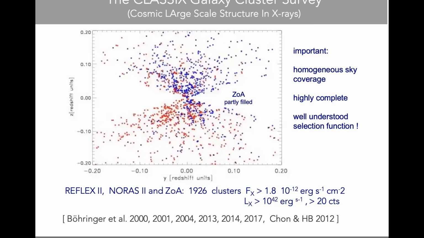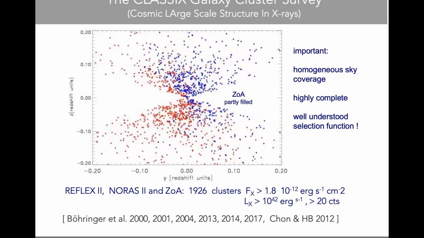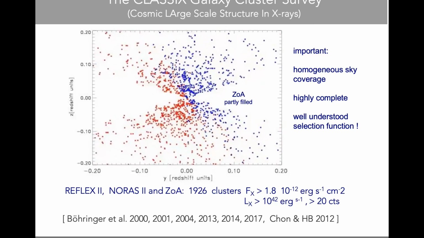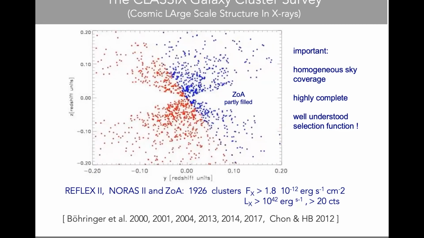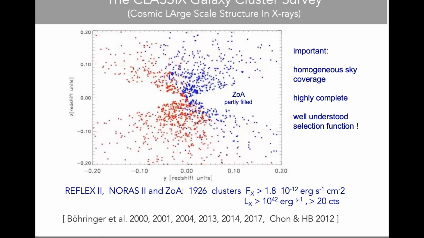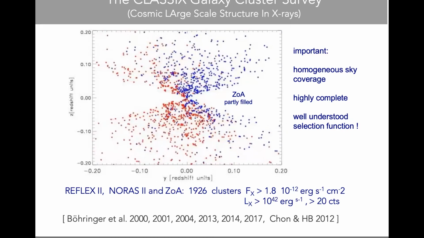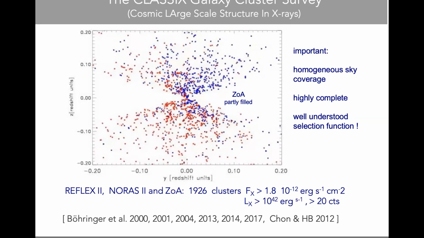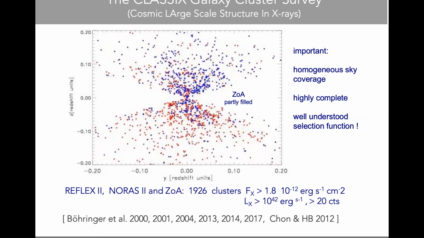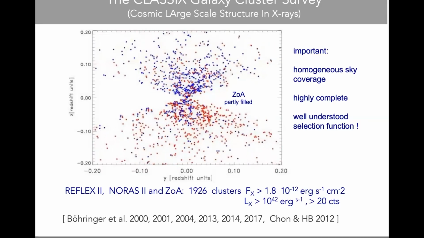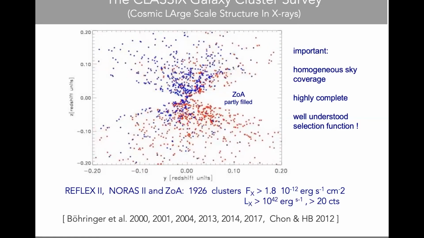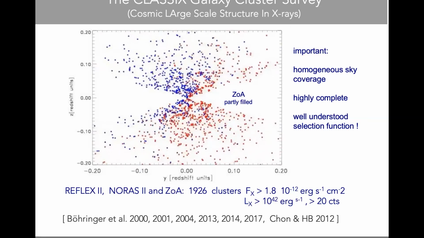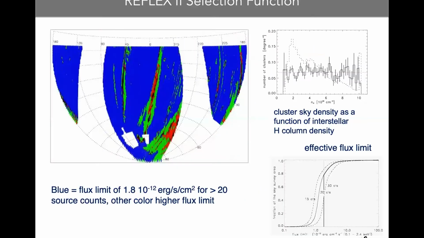With your eye you see that there is a lot of clumping, a lot of large-scale structure in the distribution of galaxy clusters. And this we can now use in a similar way as we have looked in the simulations. We can use these clusters to trace the large-scale structure in the nearby universe. Let me just stop it.